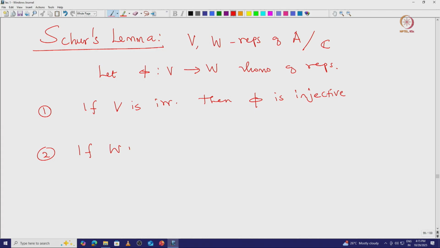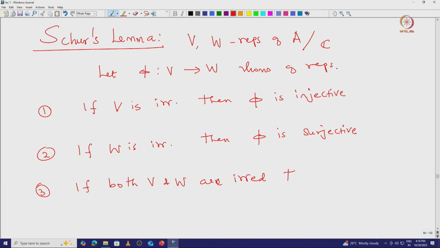If W is irreducible, then pi is surjective. So, if both V and W are irreducible, then pi must be an isomorphism.